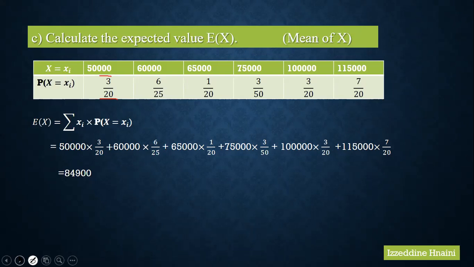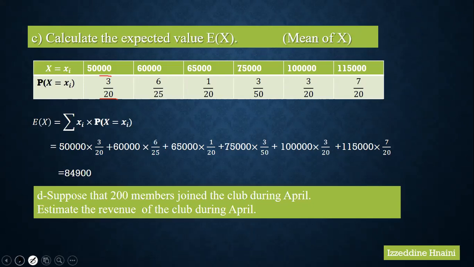So if we are asked this question, part D, suppose that 200 members joined the club during April. Estimate the revenue. What do you mean by the revenue? The revenue is the money received by the manager of this club.